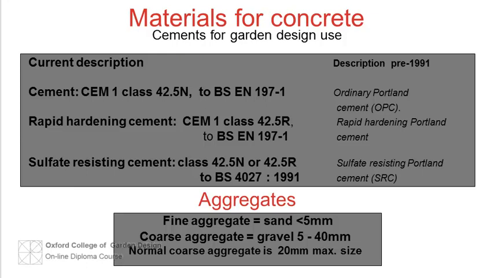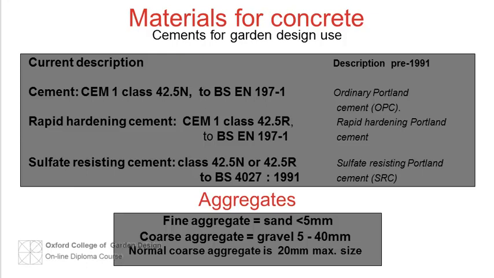For mass concrete, like deep foundations, it is permissible to use 40 mm maximum size aggregate. At the other end of the scale, it will be easier to bed cobbles into fine concrete, where the maximum size aggregate is 10 mm.